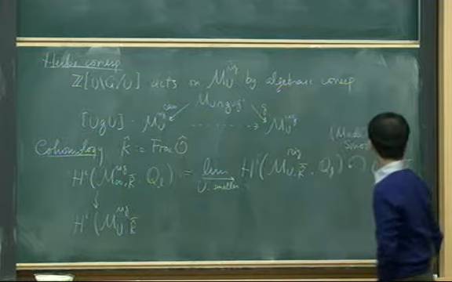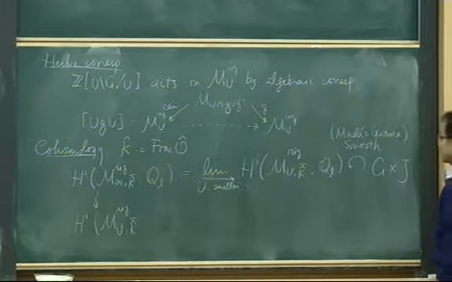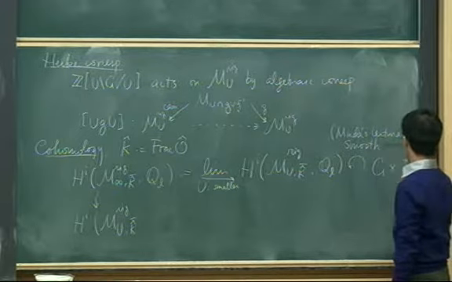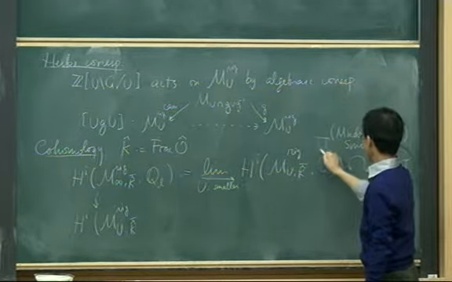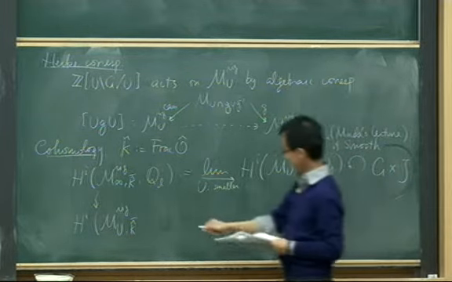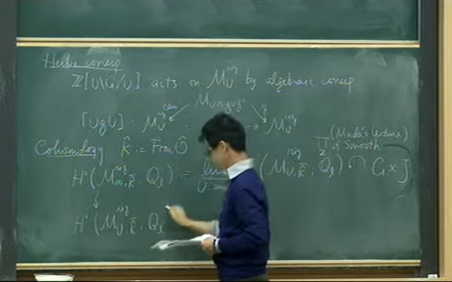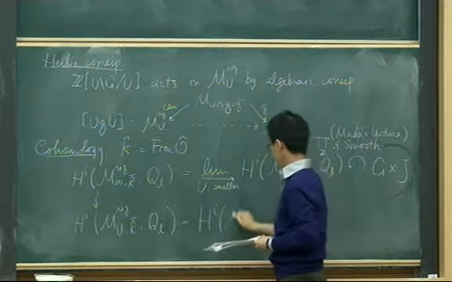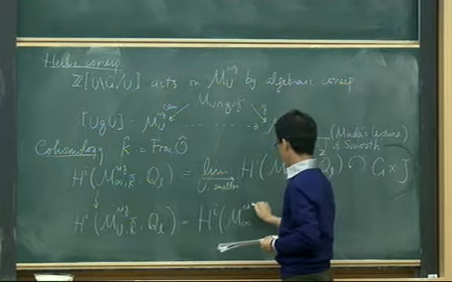Yeah, so you're right. And cohomology is just a direct sum. So this is a smooth representation.